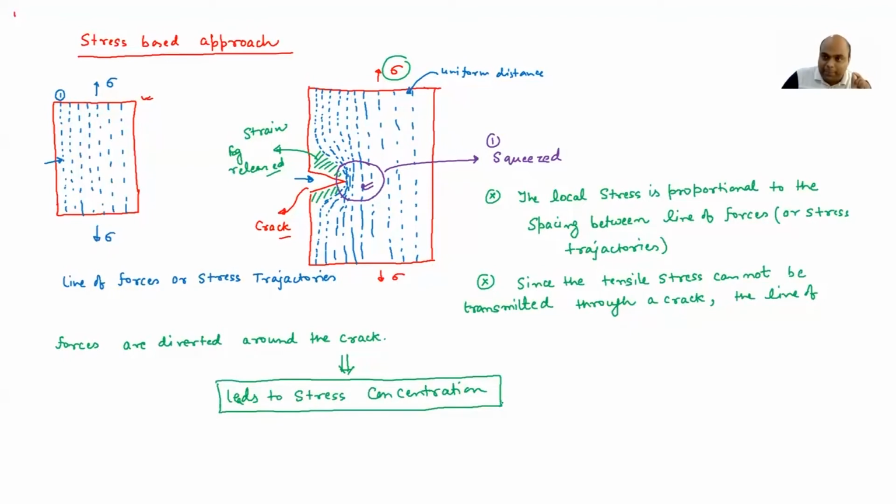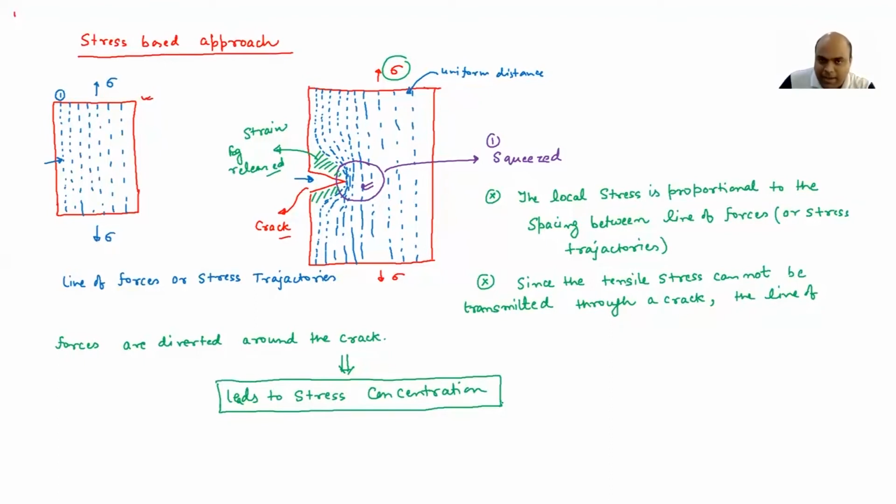Even if the applied stress is sigma, the local stress can be much higher than sigma. This means there is a possibility that the local stress in front of the crack tip is equivalent to the theoretical strength we calculated. If that is the case, locally it is going to fracture, isn't it? That is what we discussed, that there is a discrepancy because one reason was dislocations and another is cracks.